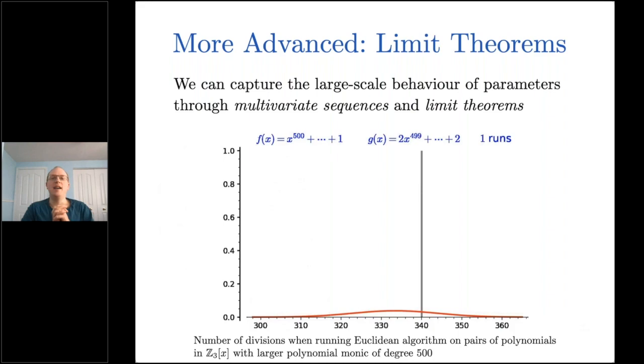If you look at theoretical computer science, there's a lot of interesting limit theorems that appear. For instance, some of you may know the Euclidean algorithm, which is an algorithm for computing the greatest common divisor of numbers or polynomials.